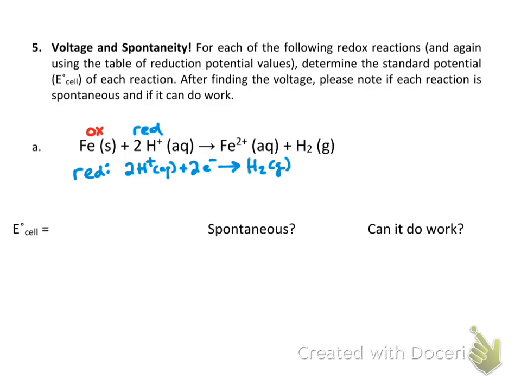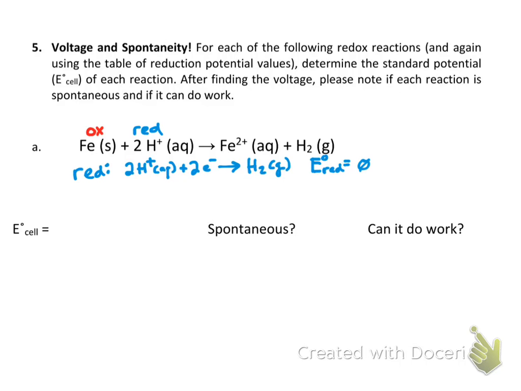The standard reduction potential for this half reaction is, well, this is actually kind of the gold standard because this one is 0. This is the one that's used as the barometer to distinguish between positive and negative voltages. All other voltages are with respect to that particular reduction.